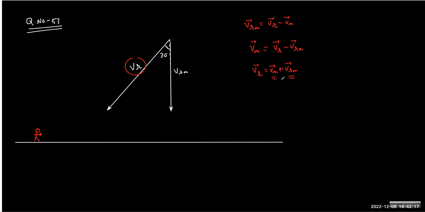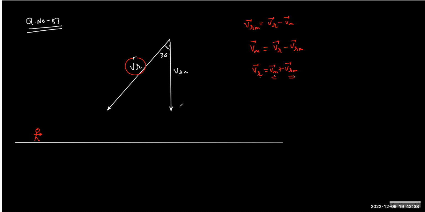Now tell me guys, if I know VRM, to get this VR, how must I walk, left or right? Listen to this. I need VR this way, and VR is the summation of VRM and VM. VRM is downward.